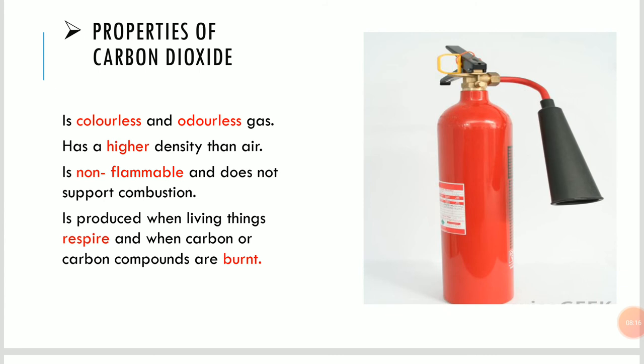Okay. Properties of carbon dioxide: it is a colorless and odorless gas, has a higher density than air, is non-flammable and does not support combustion. That's why this gas is used to overcome fires, and is produced when living things respire and when carbon or carbon compounds are burned.